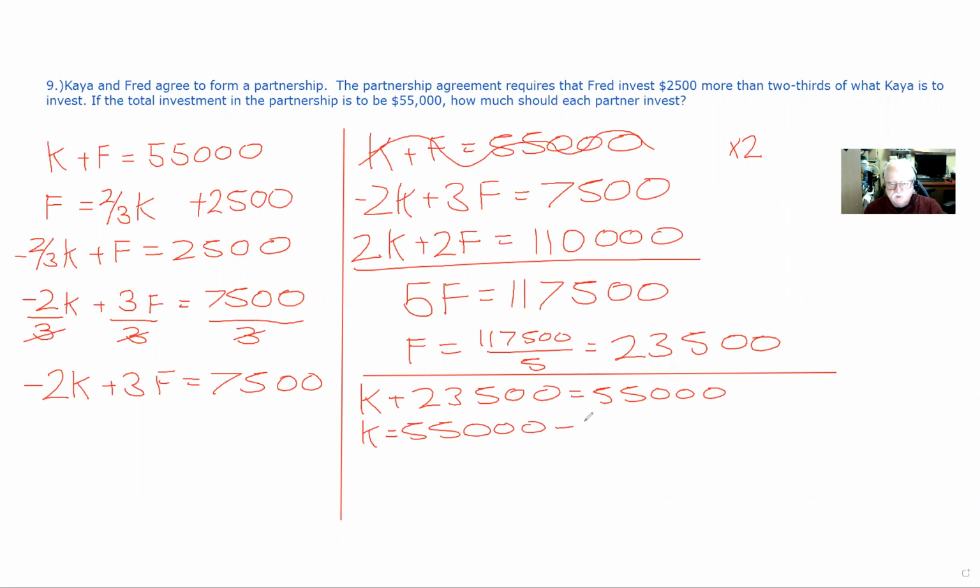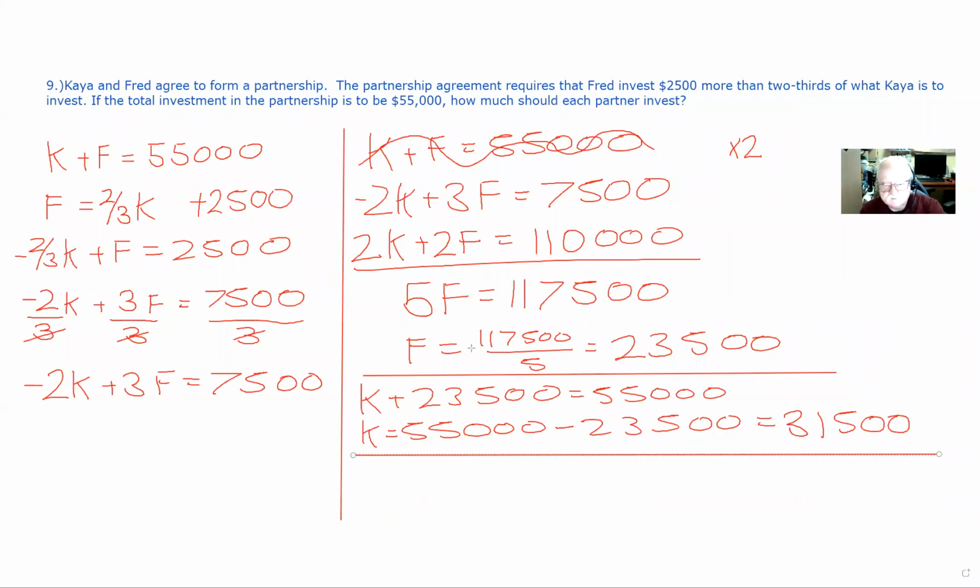55,000 minus 23,500. What does that equal? I'm getting 31,500, and we hope it equals the same thing when we plug it into the other equation.